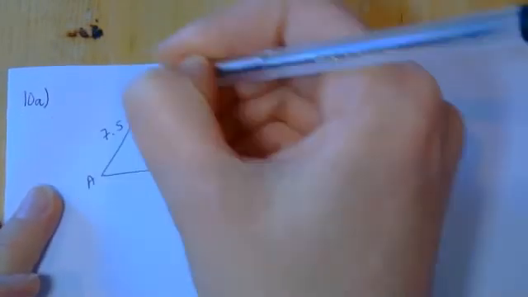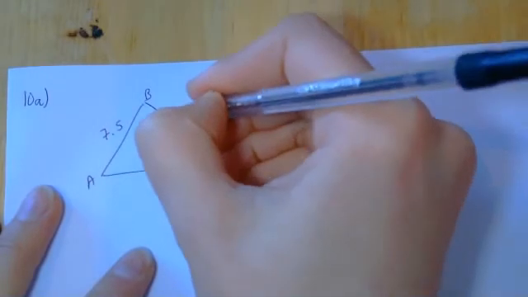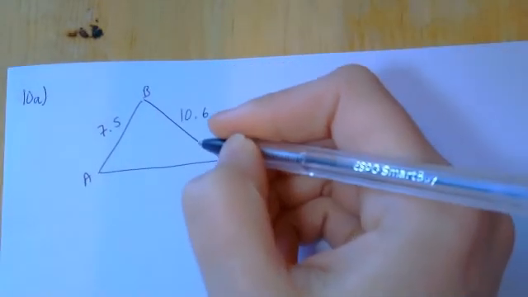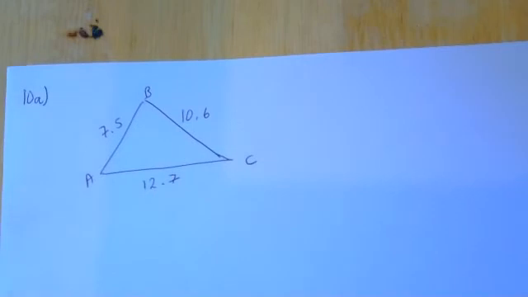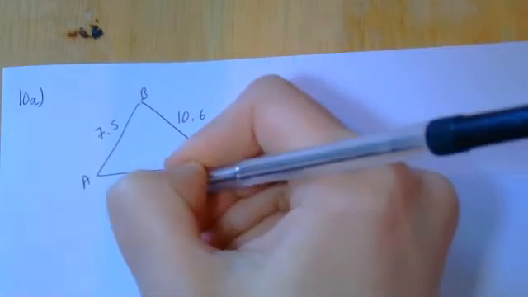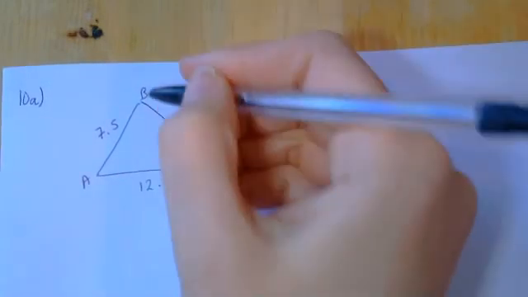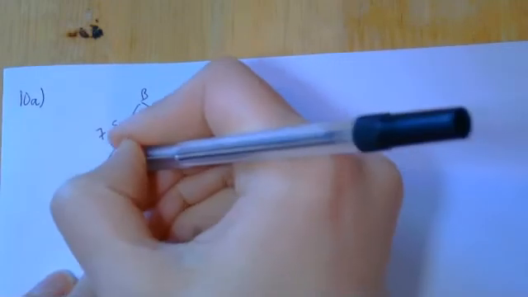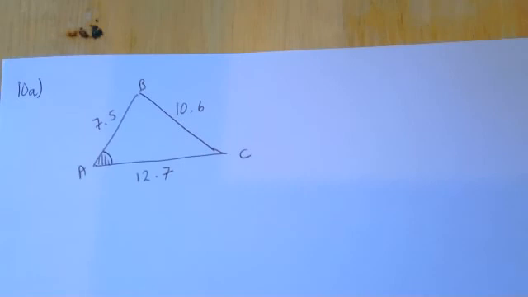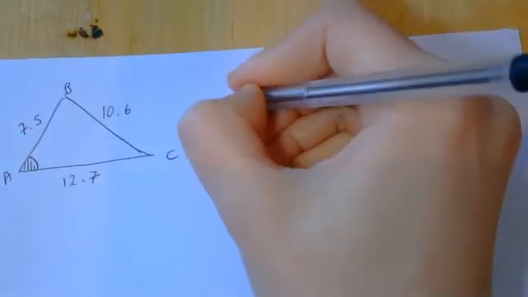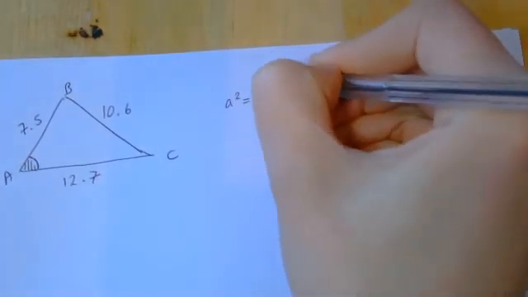So I've got A, B, C. AB is 7.5, BC is 10.6, and AC is 12.7. Right. Okay. What do we want? We want the angle BAC. So that's the angle that I'm interested in. So I would label this triangle in terms of the cosine rule.